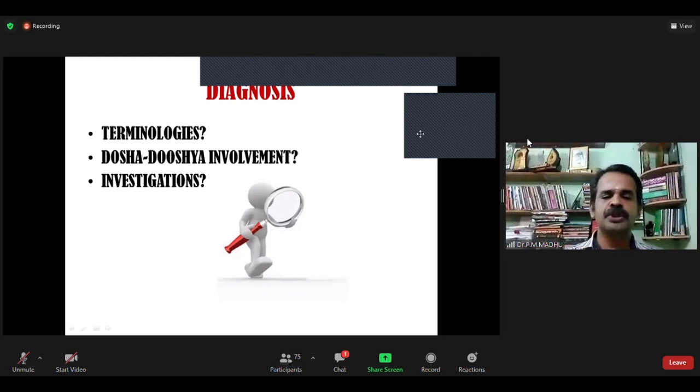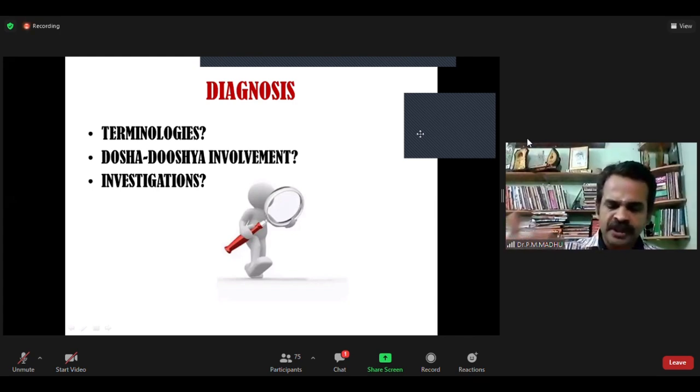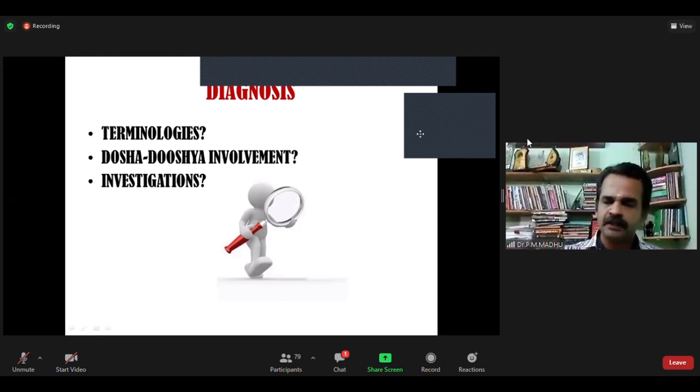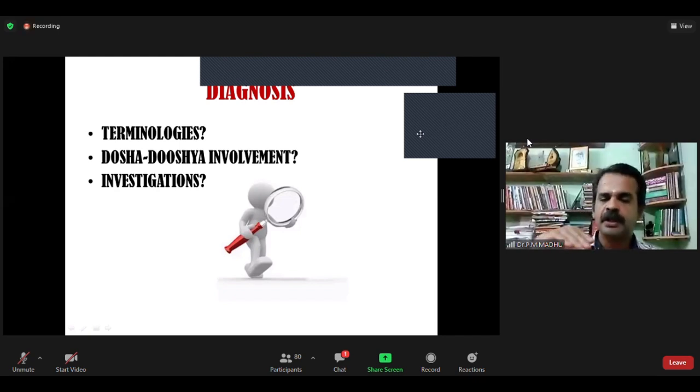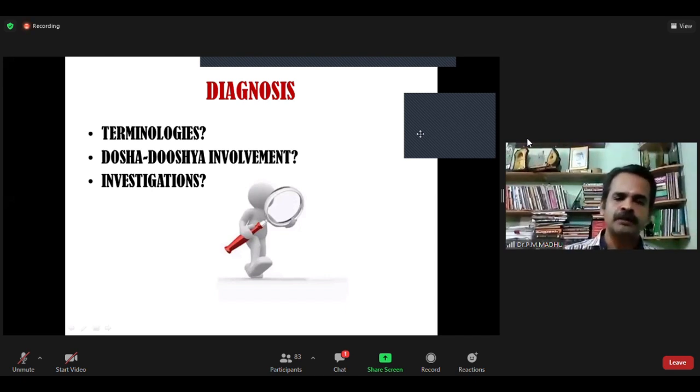But while we go for treatment, for example, if a Vatika Kushta with the features of dry lesion with pain and Shyava Varna, if we try a Taila Prayoga over that, externally or internally, the chances of aggravation are very high. Next day or next week, the dry eczema will become a weeping eczema. So the dosha dushya involvement does not directly give us the suggestion for treatment.